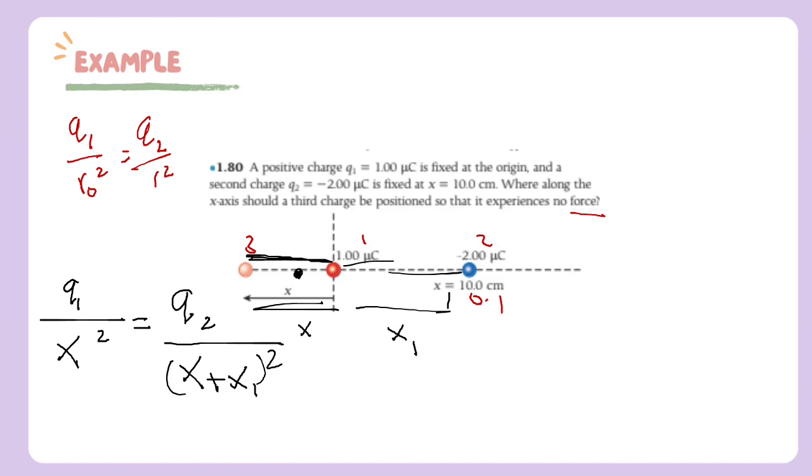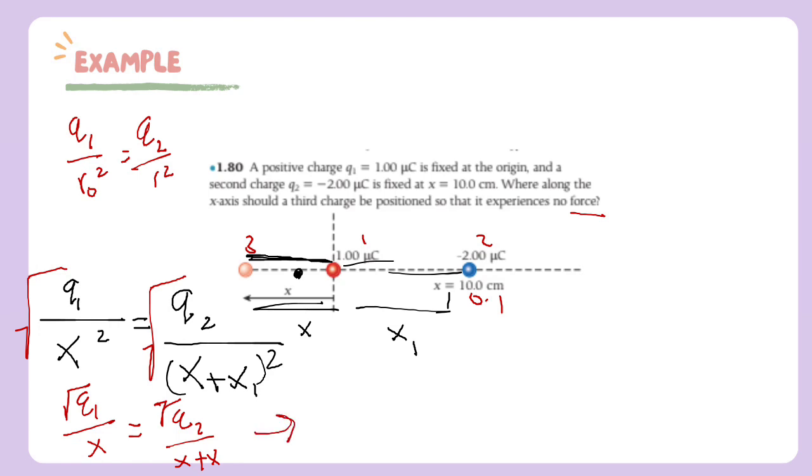To make things easier, so I don't use the quadratic formula, I will take the square root, which would give me the square root of Q1 divided by x equals the square root of Q2 divided by x plus x1. Things are easier this way. Now we will substitute: the square root of 1 times 10 to the power of negative 6 divided by x equals the square root of 2 times 10 to the power of negative 6.